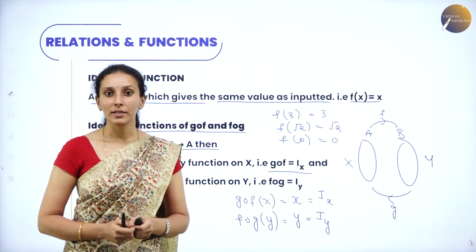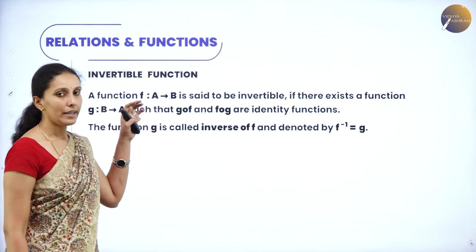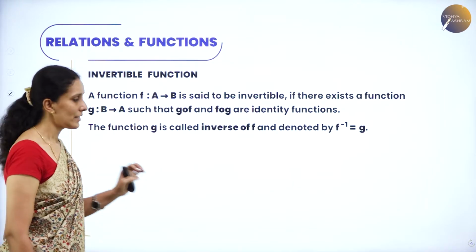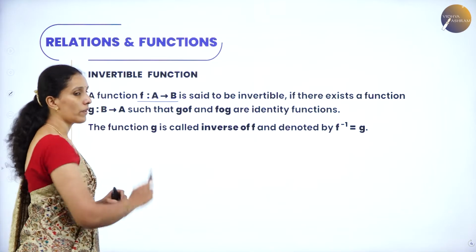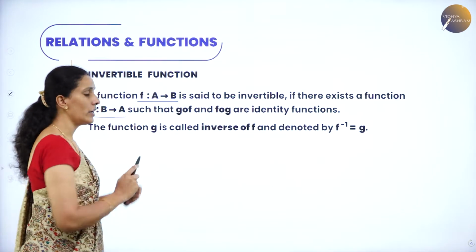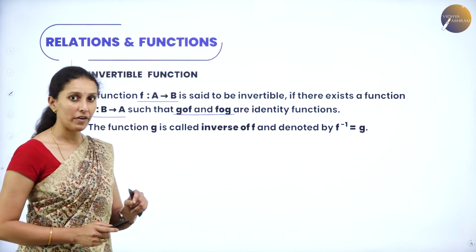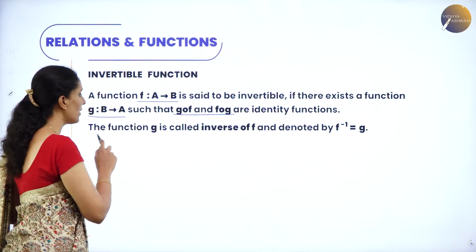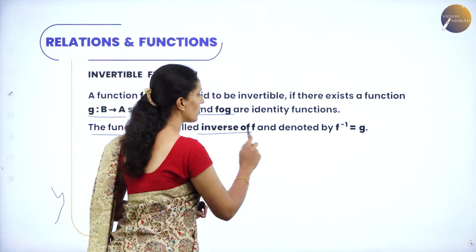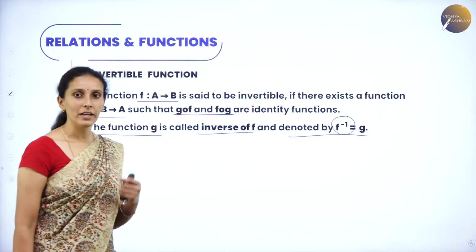So, why are these concepts necessary? Because an invertible function is said to exist such that if f is a function from A to B, then there must exist a function from B to A, so that g naught f and f naught g are identity functions. So the function g is called the inverse of f and it is denoted by f inverse, which is nothing but g.